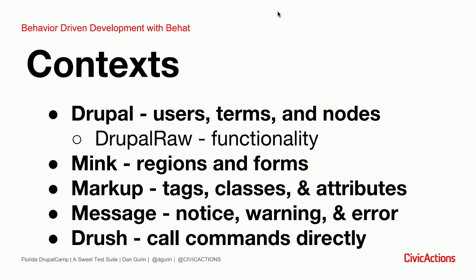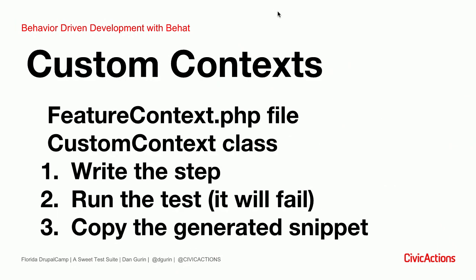The markup tags are tags as in HTML tags, not the @ tags that we were talking about before. And the markup also includes classes and attributes in the HTML. Messages are like the Drupal messages that you might see at the top of the page or in your logs. And the drush context allows you to call drush commands directly. And you can make custom contexts as well.